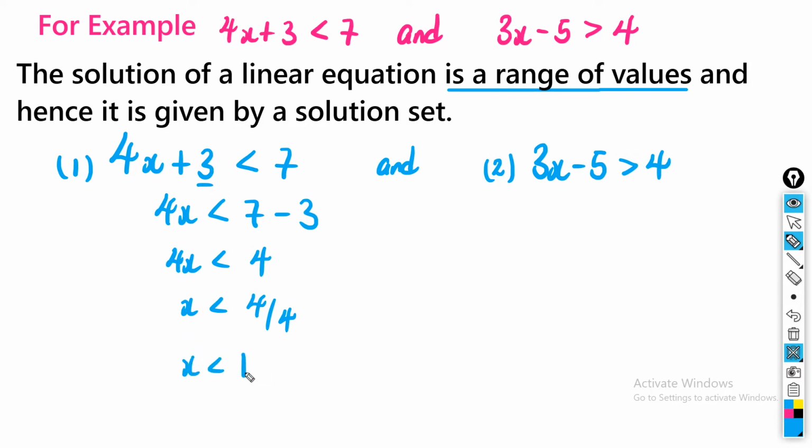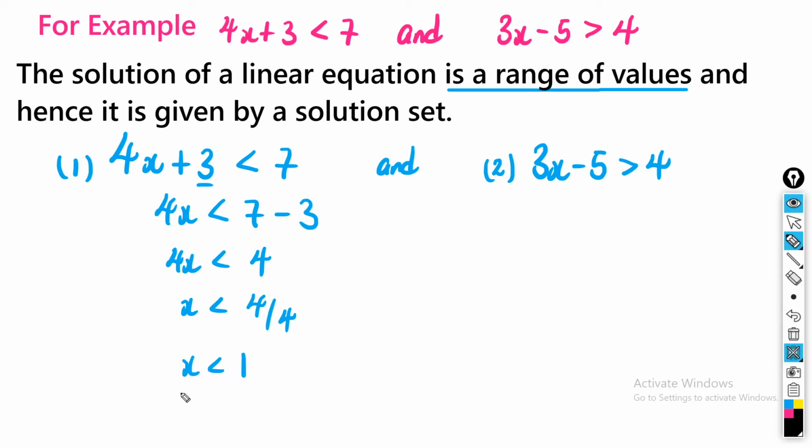So x is less than 1 is a range of values, because it would be everything less than 1. For example, it would be 0, -1, -2, -3, so it's a range of values.